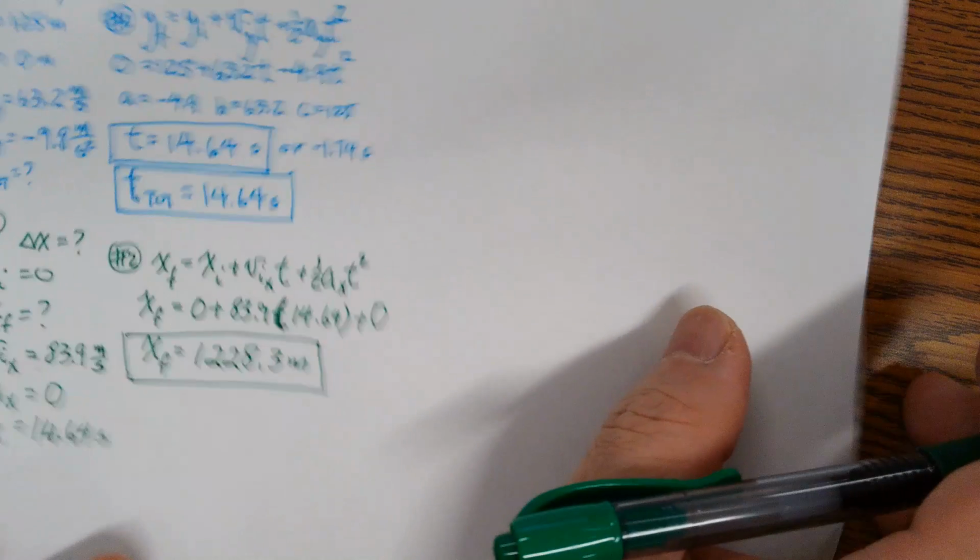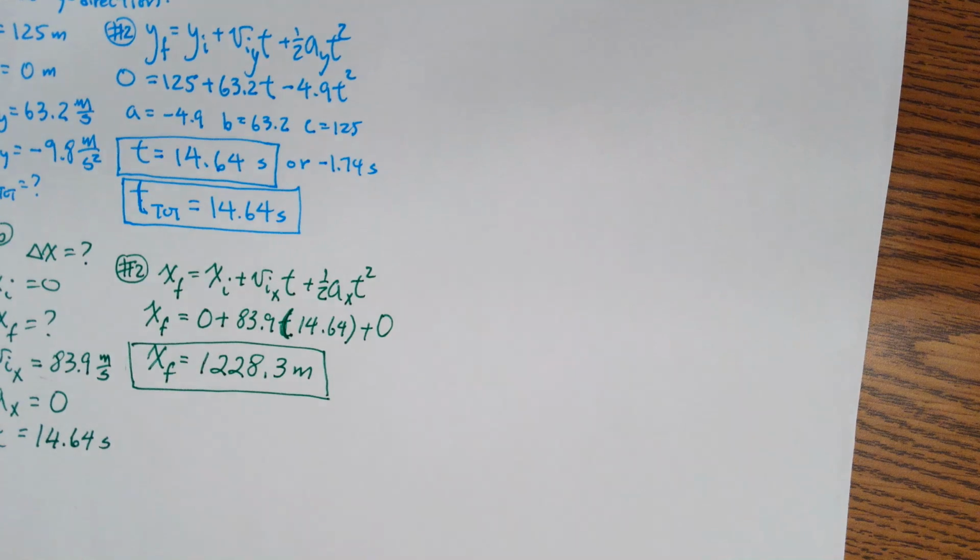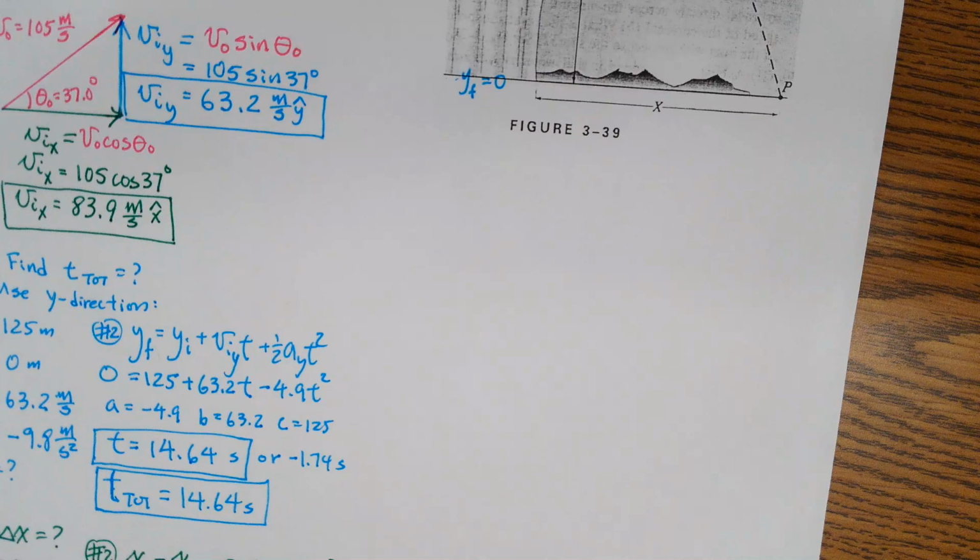All right. What about part C? At the instant just before the projectile hits the point P, find the horizontal and vertical component of its velocity. I think we know how to do that because we already did it.